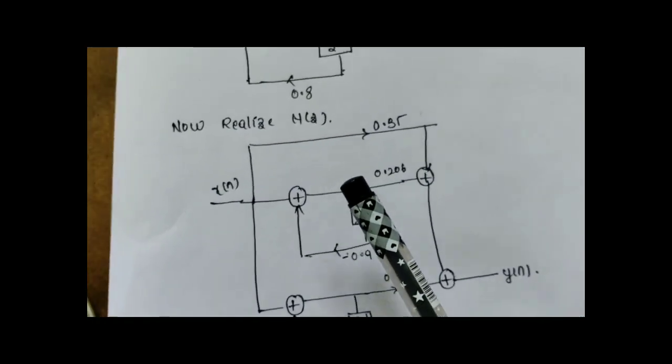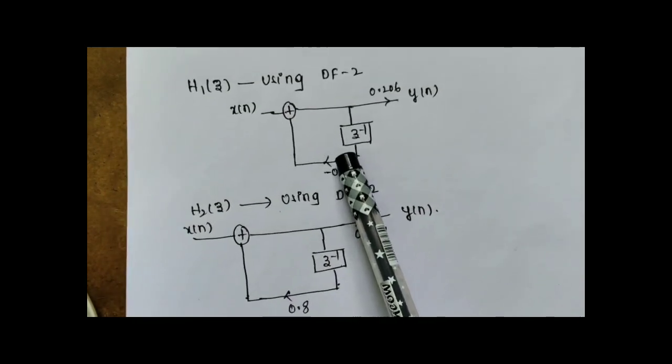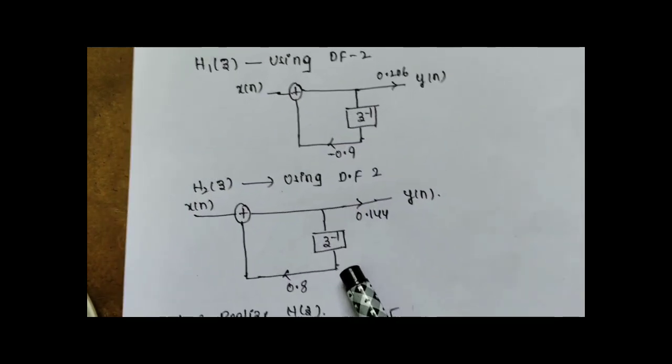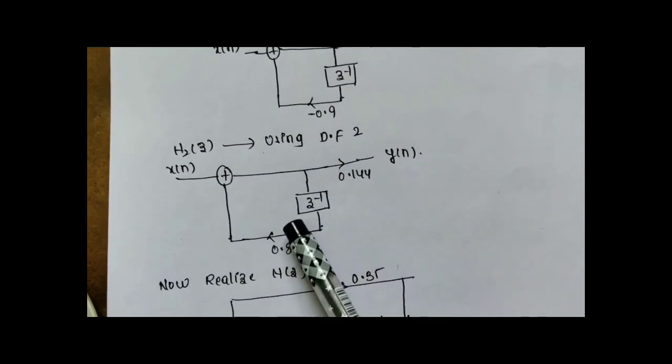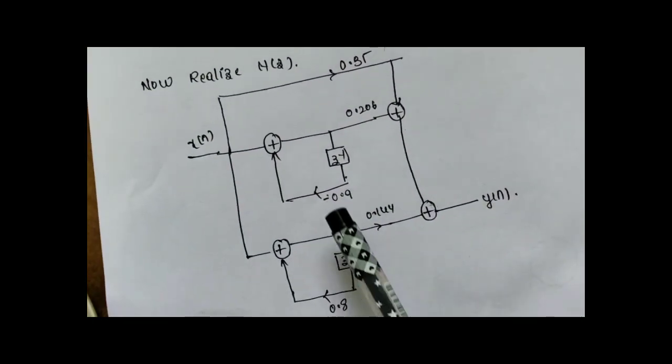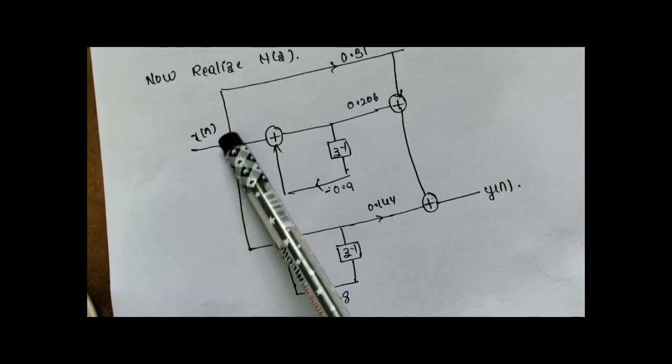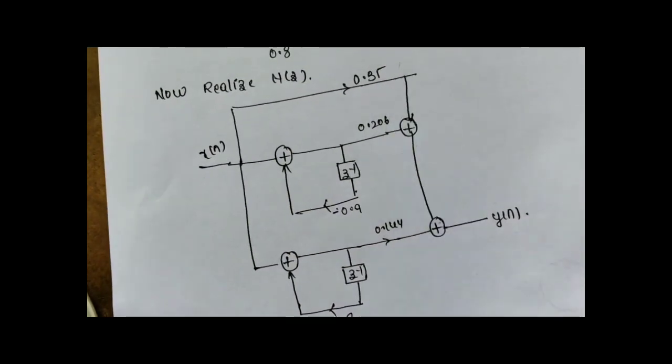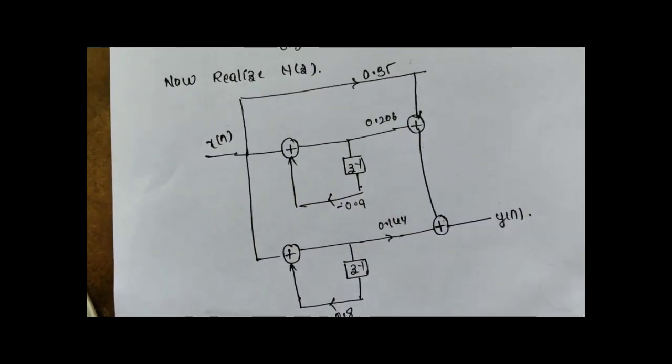So this is the first structure, and below this I have implemented this structure, and above this I have implemented this 0.35. See the final structure here. This is the H1 of z, this is the H2 of z, and above this I have implemented the constant. So this is the final structure of the form.